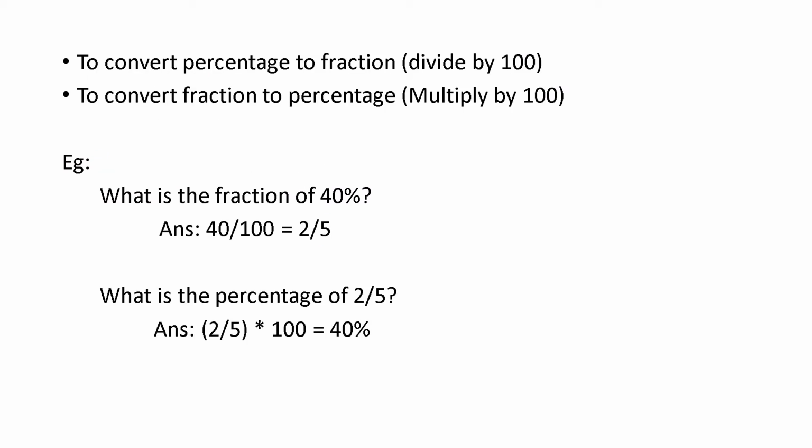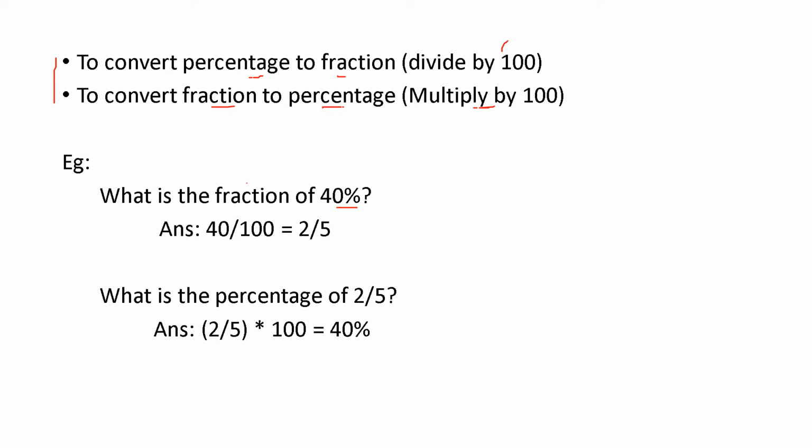Next is to convert percentage to fraction. If a percentage is given and you are asked to convert it into fraction, you should divide by 100. Next, to convert a fraction to percentage, you have to multiply by 100. Here is the example. What is the fraction of 40%?